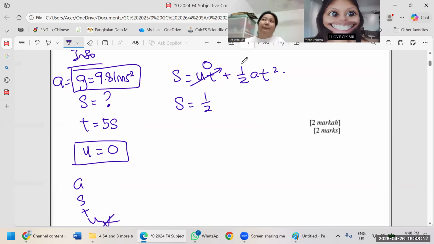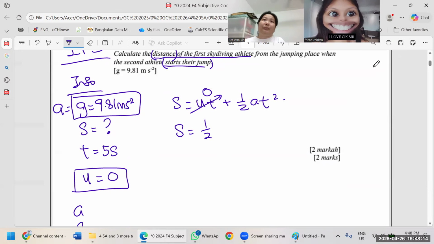By the way, for me, whether g is negative or not doesn't matter. Negative just means it goes down. So negative 9.81, t is 5.